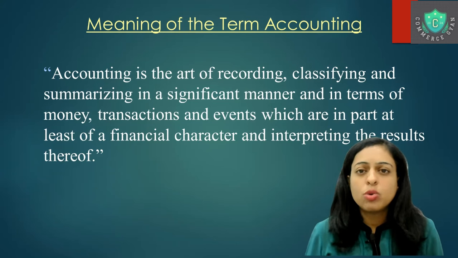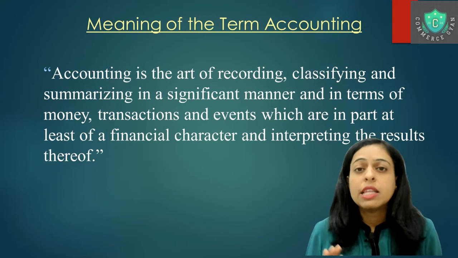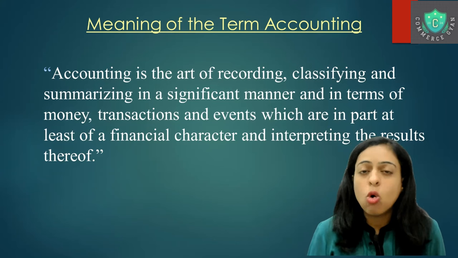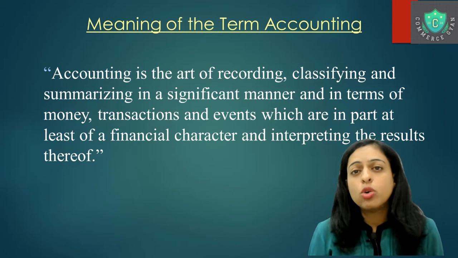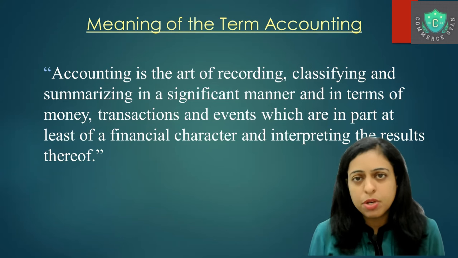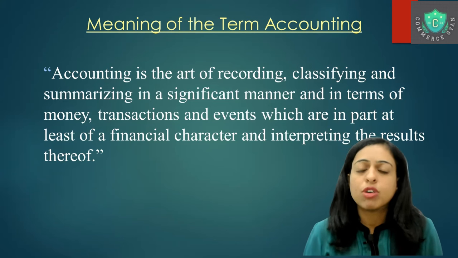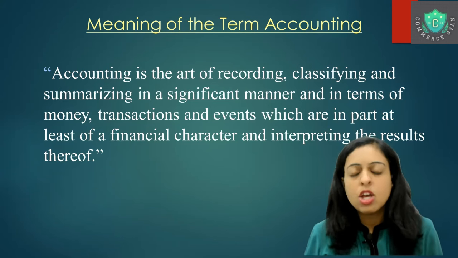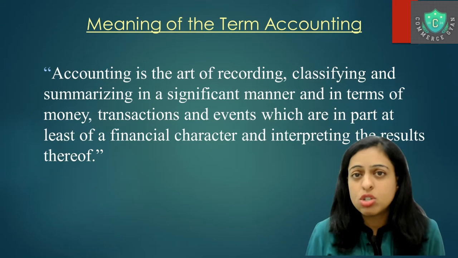Okay, so basically what you're doing, you're recording, classifying, summarizing all the transactions that are convertible in terms of money, or at least in part they are of a financial character, and then you are going to interpret the results thereof. Interpreting the results will be a secondary part of accounting. The primary part of accounting is these three things: recording, classifying, summarizing. So this is what we mean by accounting. This is the definition, the conventional definition of accounting.